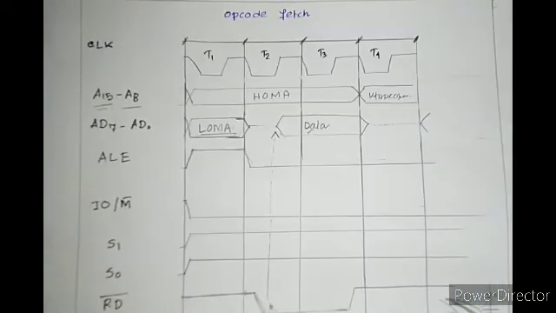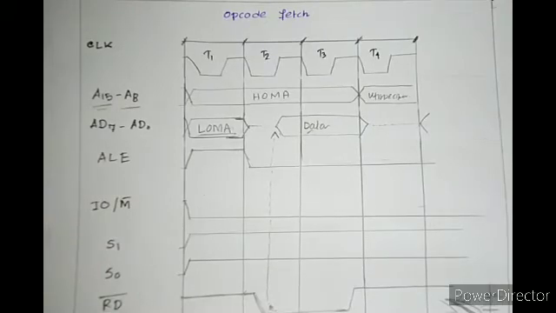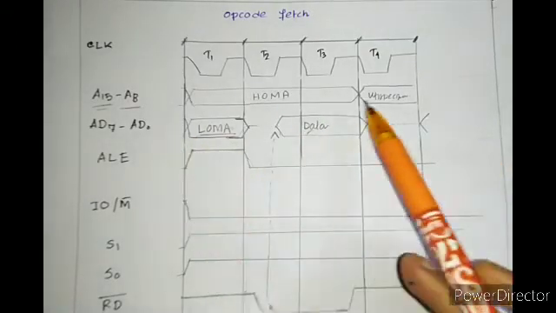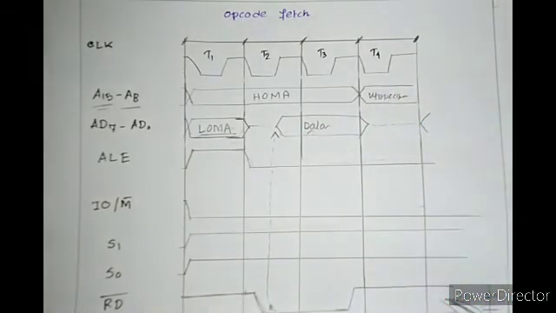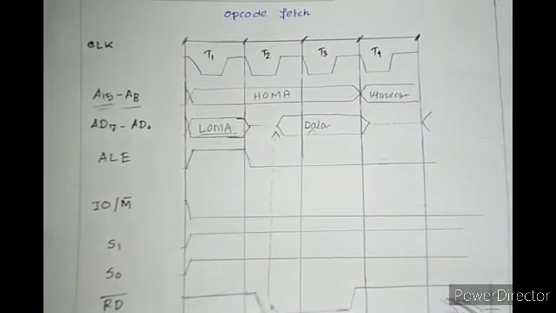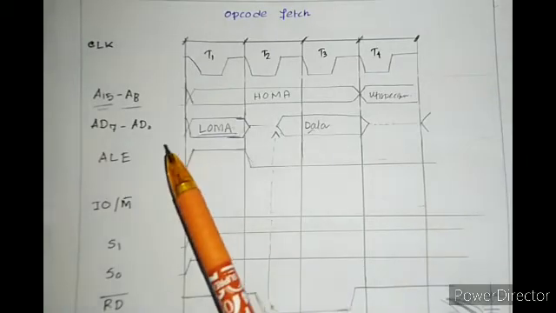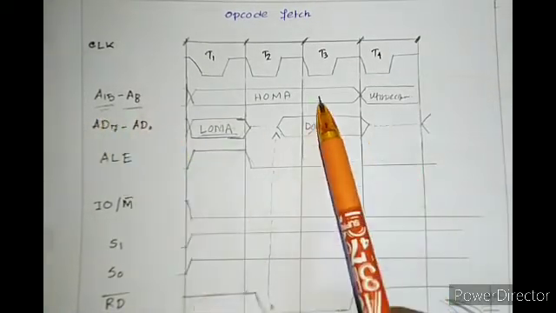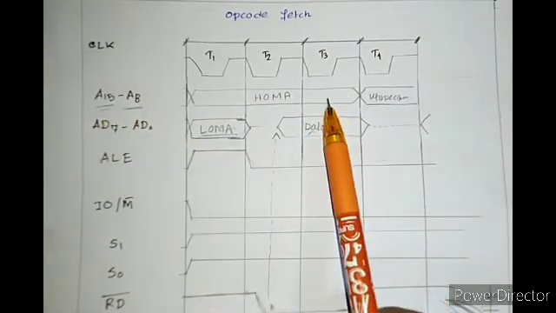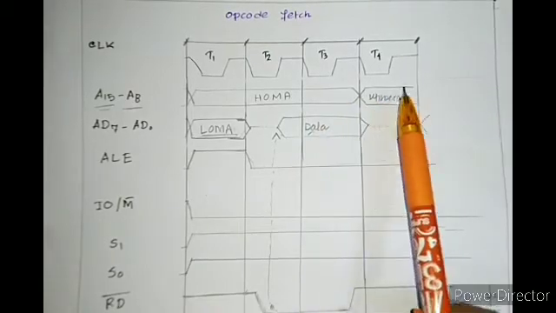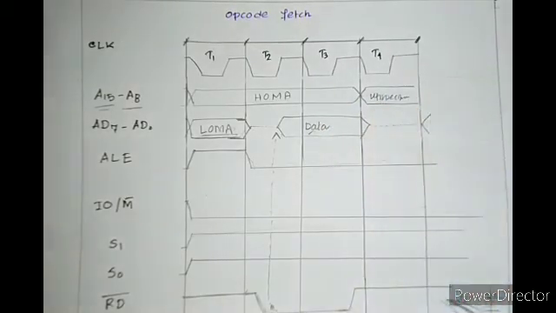I need to be a little more specific about the opcode fetch diagram. I think I've missed this point. In opcode fetch, T4 is for decoding. So we don't have to do anything here, but in exams you have to draw this, right? In A8 to A15, for the first 3 T states it will carry the address, and for the last one it is an unspecified garbage value.